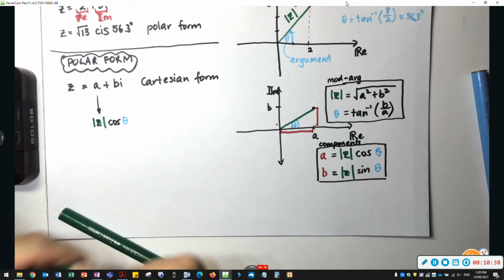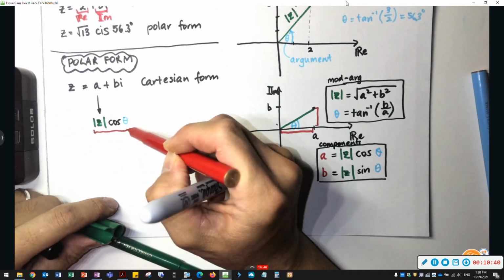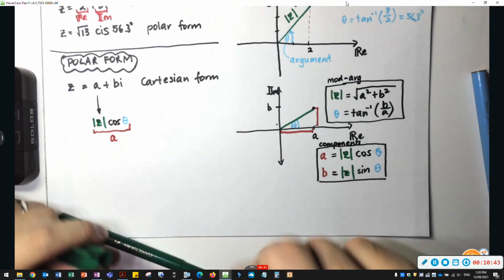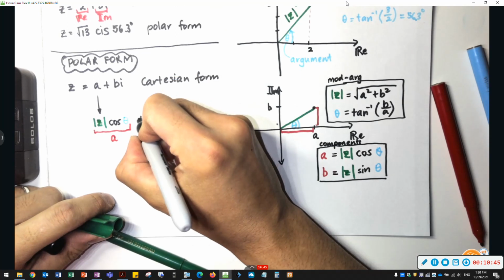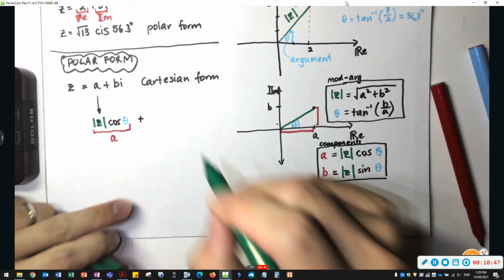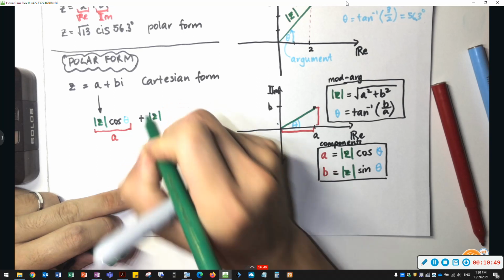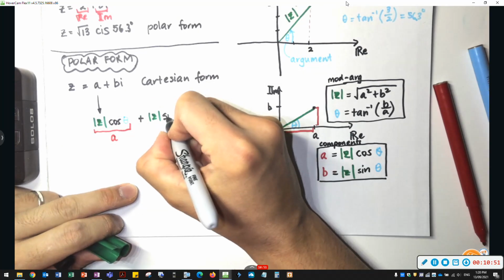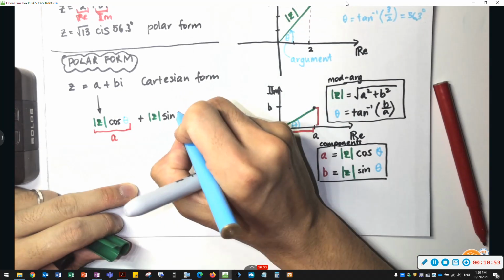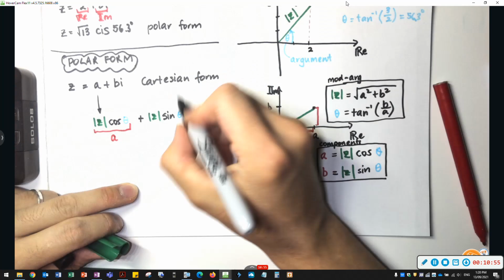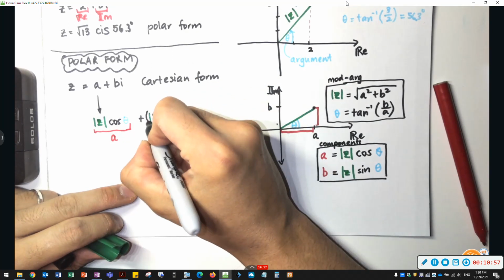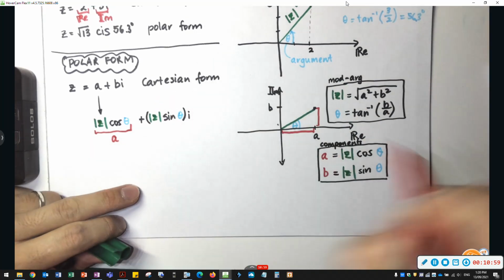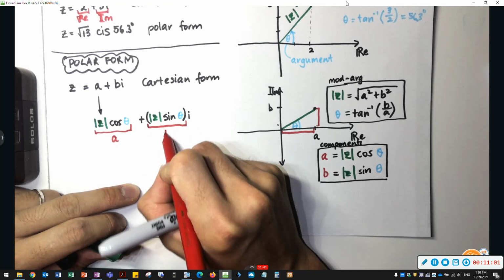So that's my A, and then I'm going to plus Bi. Okay, so B is modulus of Z, and then sine argument, and then I've just got an i at the end, so I'll just put this in brackets to show that's like a coefficient. Okay, so this is the B value.